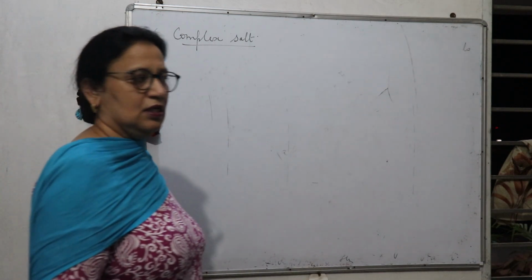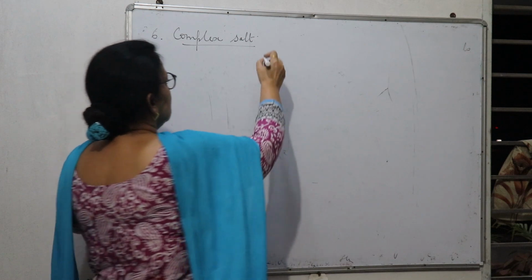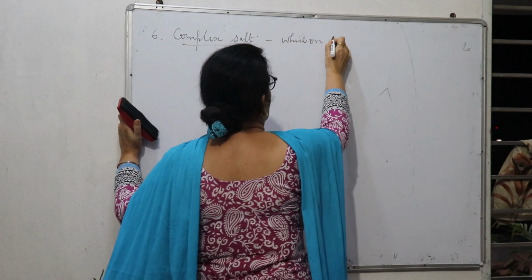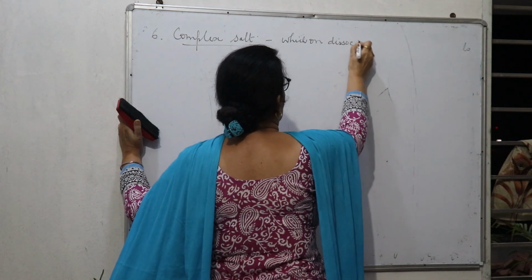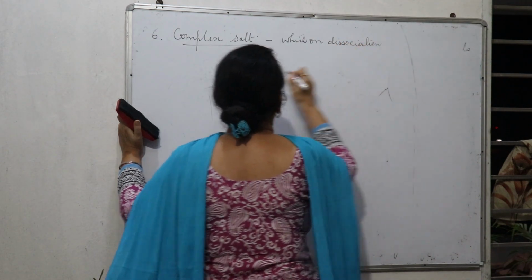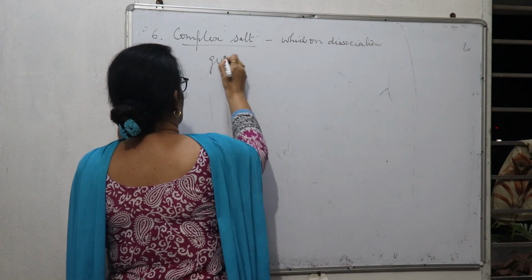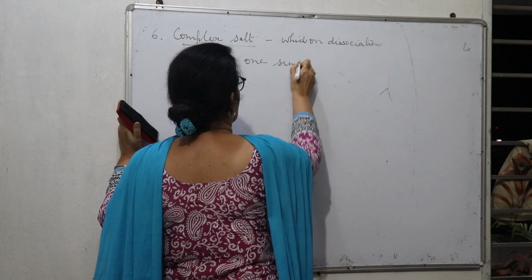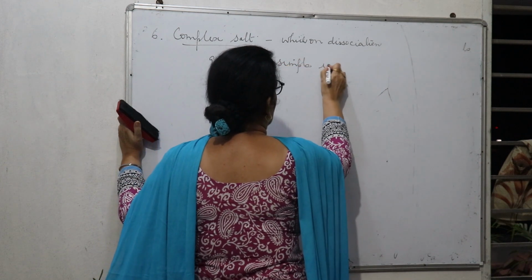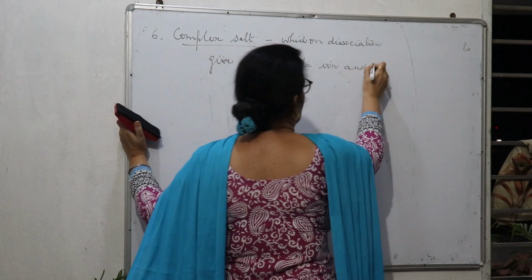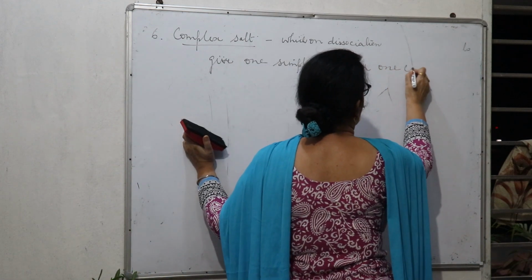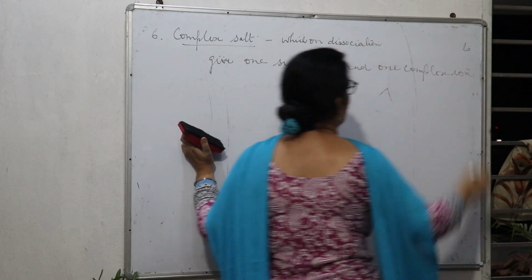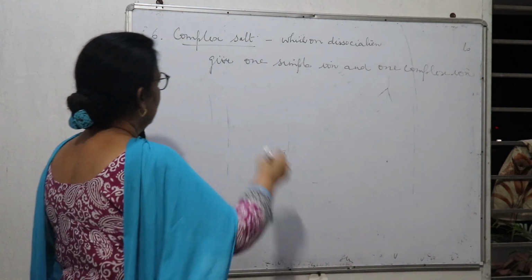A complex salt is one which on dissociation gives one simple ion and one complex ion.